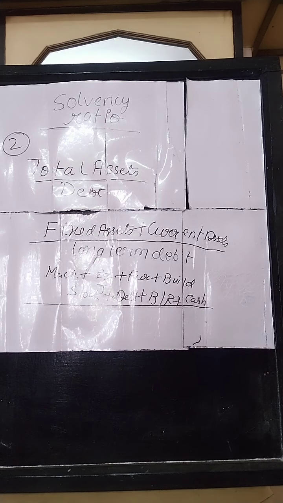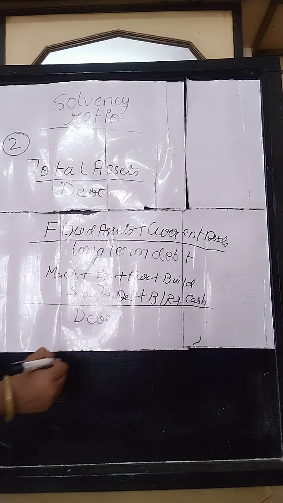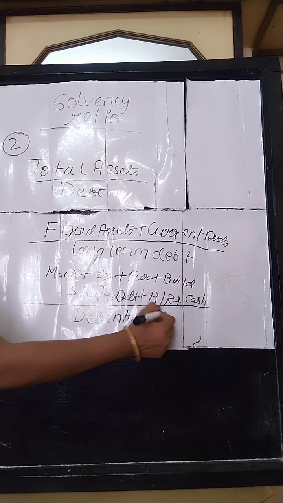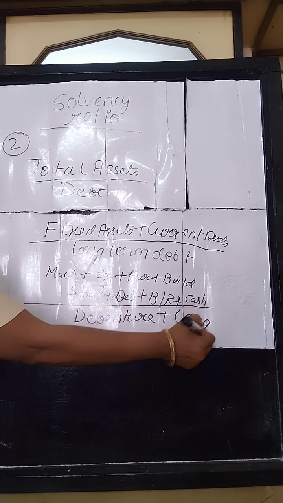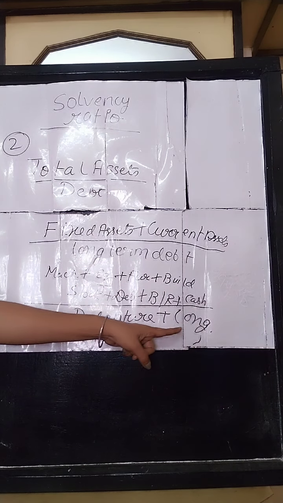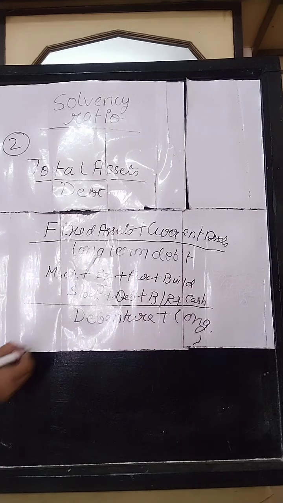And in the denominator will be the same long-term debt as before, that is debenture and long-term loan. So first we add up all the fixed assets and current assets, then we add the debenture and the long-term loan, and then we divide both to find the ratio.